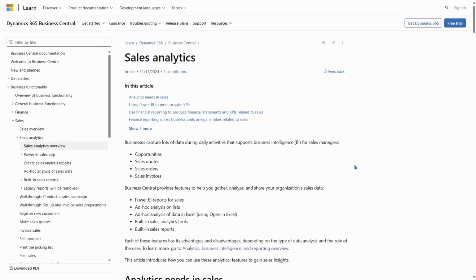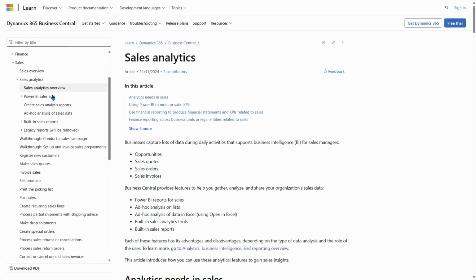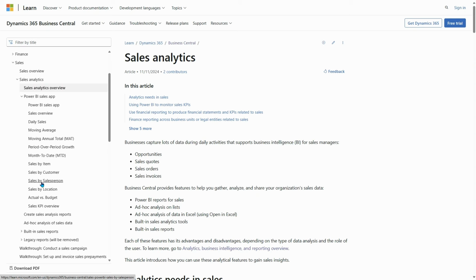The sales analytics part of the documentation is under sales. And the overview you get here is the overview for the Power BI app. You can investigate all the reports with screenshots from here. You don't have to install it just to get curious.